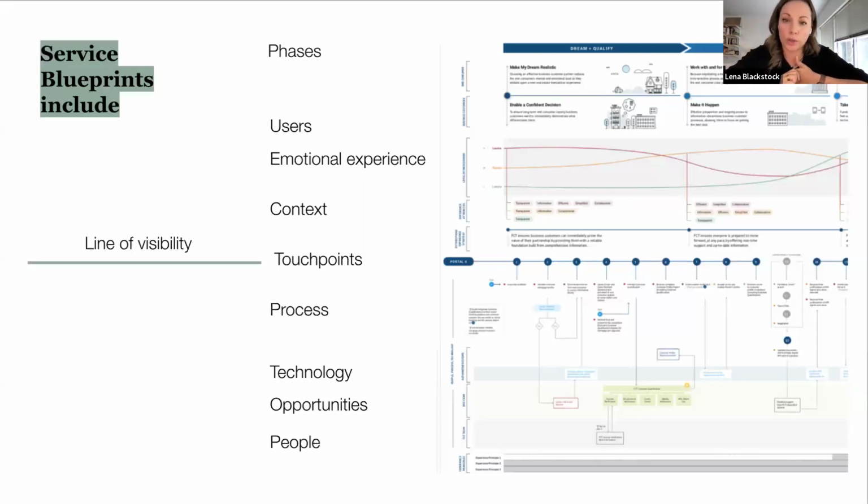Often in this work, we can include things like experience principles. You can include things like opportunities, especially when we're working to create future service blueprints. So we think about what are the pain points that can be mitigated or eliminated. Where are opportunities for improvement with the end goal of delivering that better experience to the user.